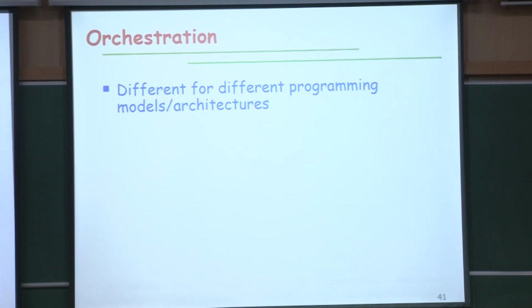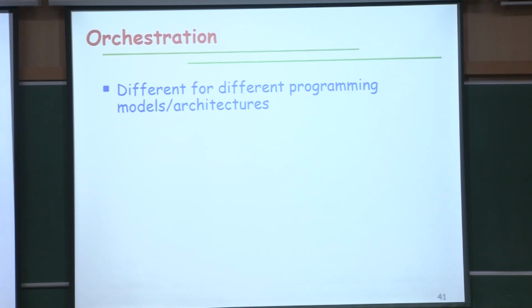So, the last step, which is the third step involved in this parallelization, is orchestration, and orchestration specifically determines how the interaction between these processes takes place. The way in which they interact depends on whether you are following a shared memory programming model or a distributed memory programming model. If you are following a shared memory programming model, you assume that the address space is shared and they can access it. You only need to ensure that proper synchronization is done, so that the appropriate values are accessed.